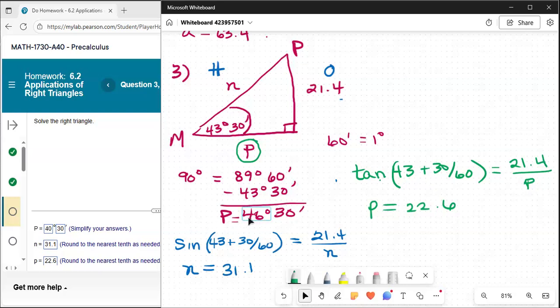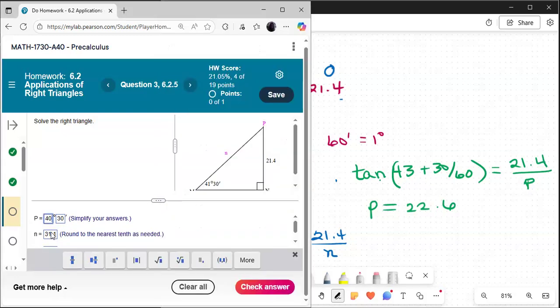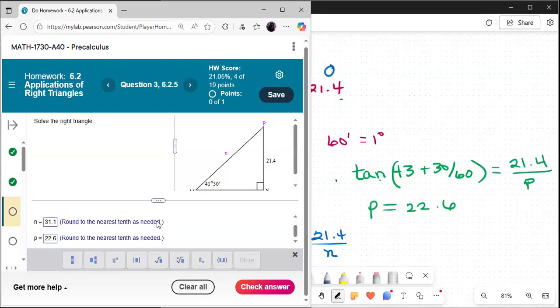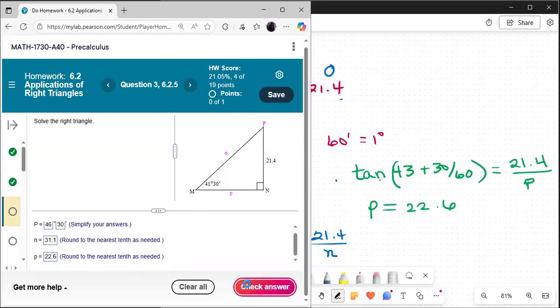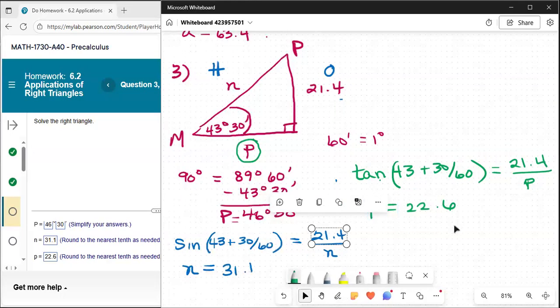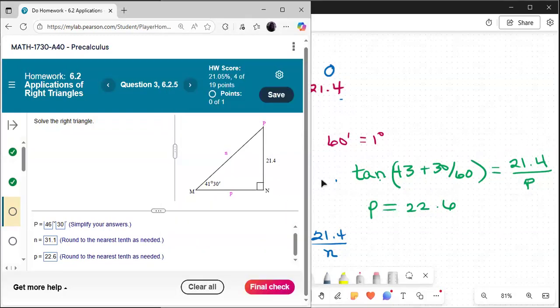Is that a 46? Sorry for my typo there. That's a 46 degrees, 30 minutes. Okay, so I'm going to go ahead and check all my work.